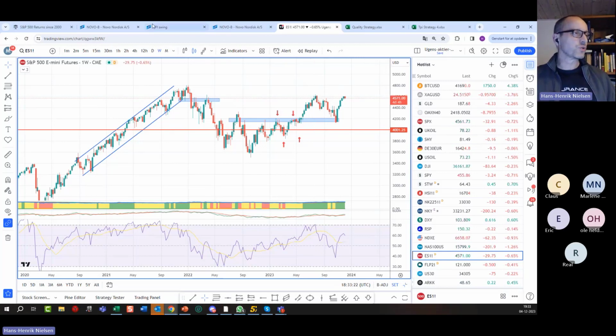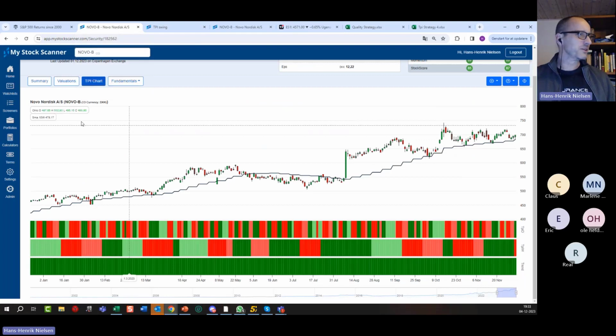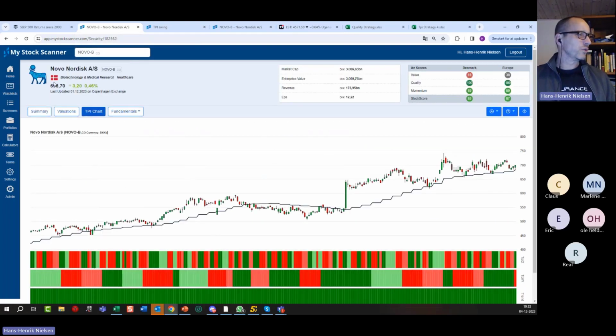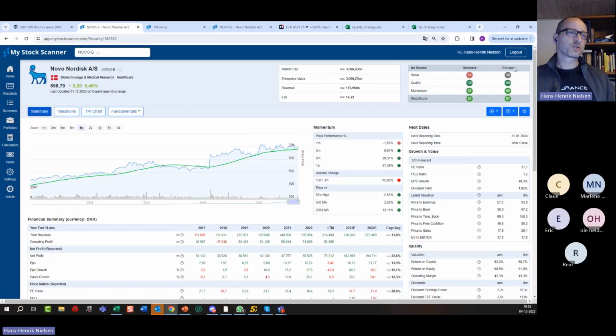Now, the stock scores, if we just have a quick look at them here, just so we all know what that is. The stock scores are the things up here where we are looking at the stock from different metrics on value, quality, momentum, and overall stock score. And then we are comparing it to all the stocks we have from Denmark or all stocks we have from Europe, meaning that, for instance, Novo Nordisk has an earnings quality of 100, meaning that it is in the top percent.